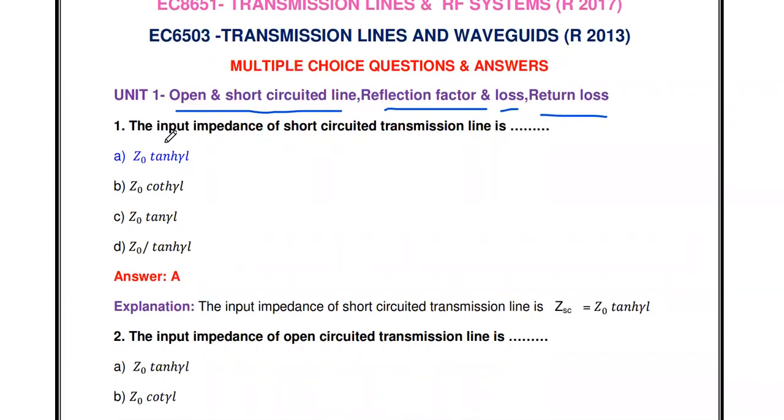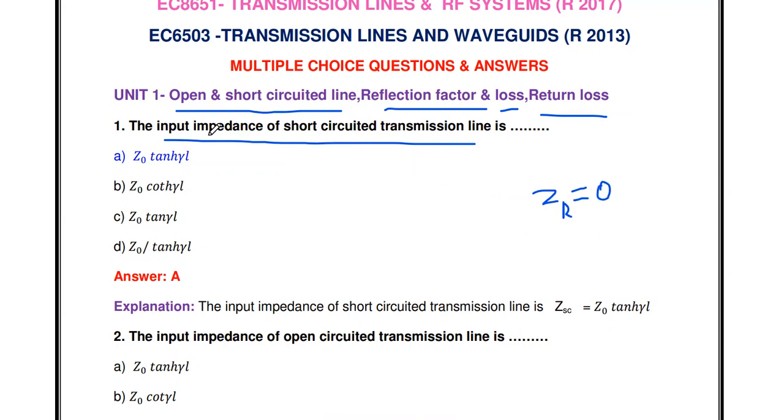The first question: the input impedance of a short circuited transmission line is dash. We discussed the input impedance formula in the previous video. Short circuited transmission line means the receiving end is short circuited, so the load impedance ZR is 0.